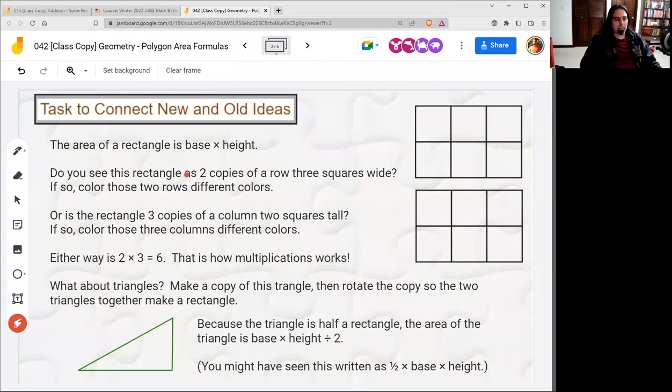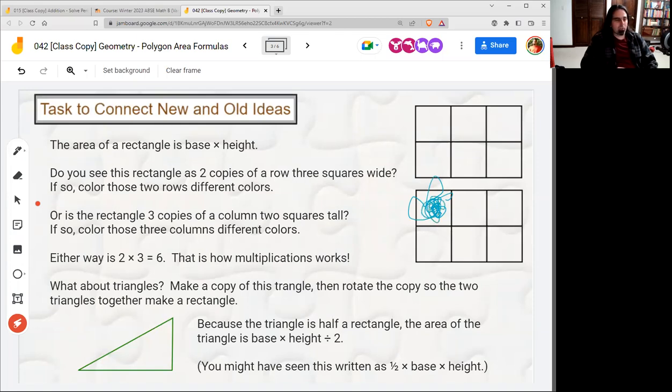Somebody was starting. Go ahead, do your highlighting. Don't worry about filling it in very solid.